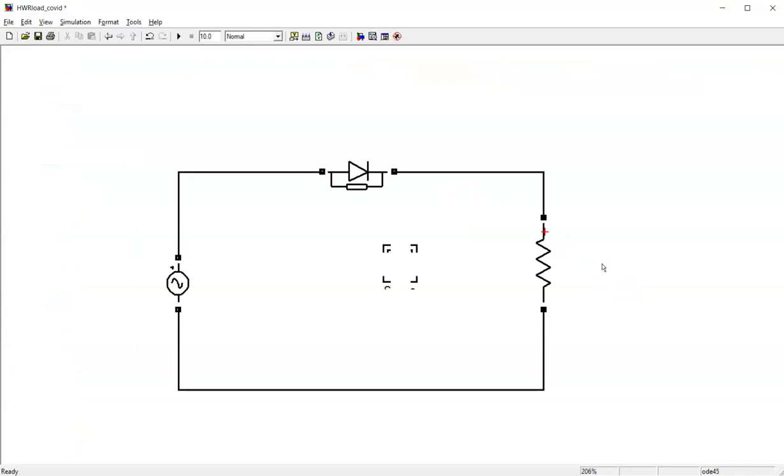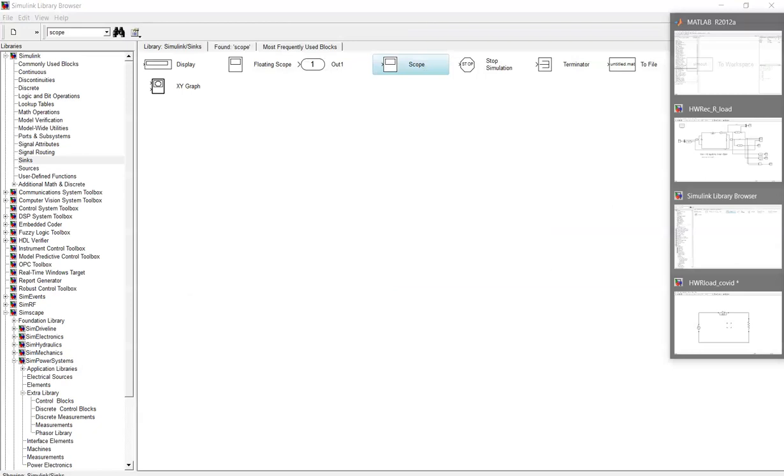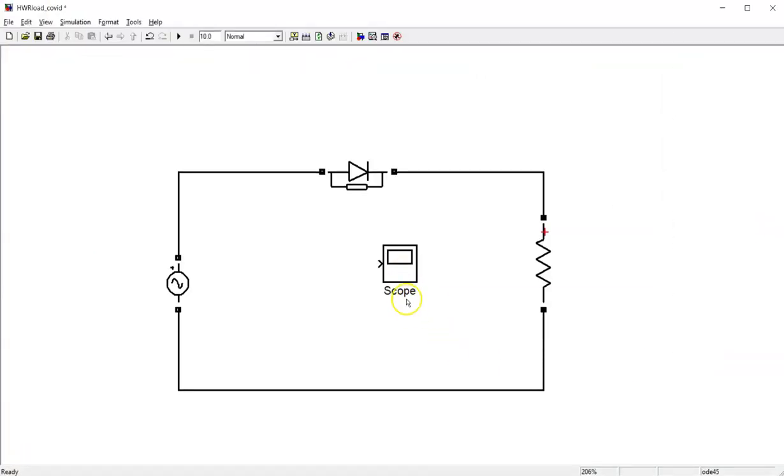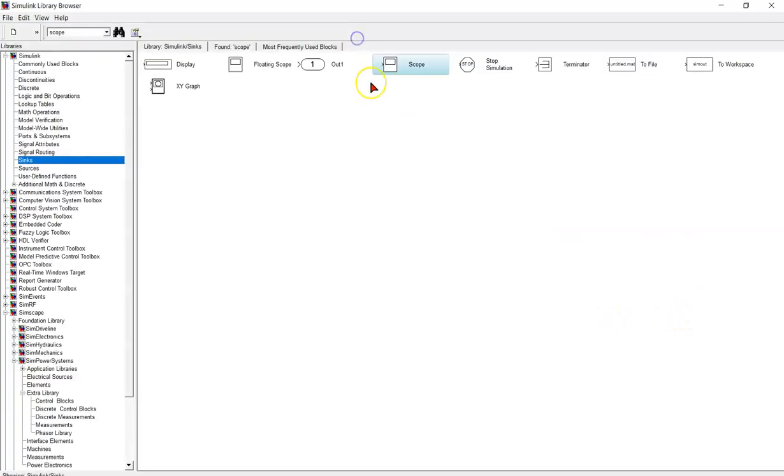Sorry for the delay, because my laptop is a bit low on RAM. So we put the scope here and then add the source as well as the output.